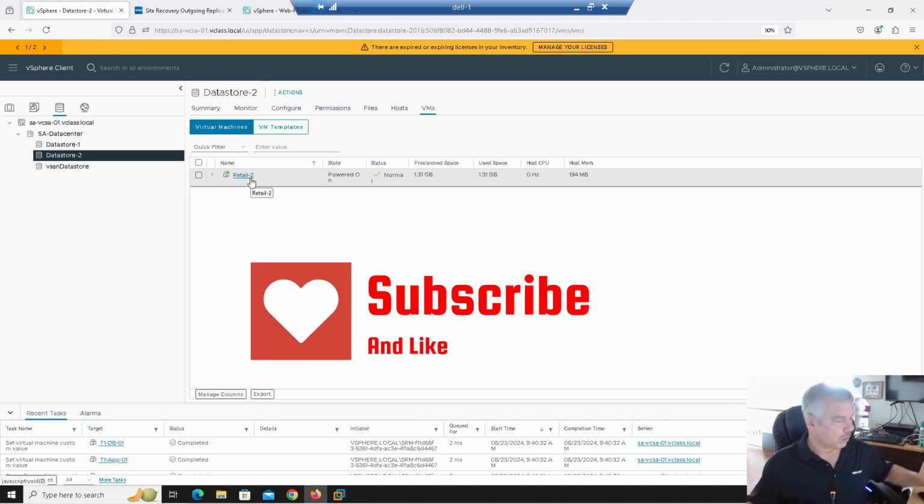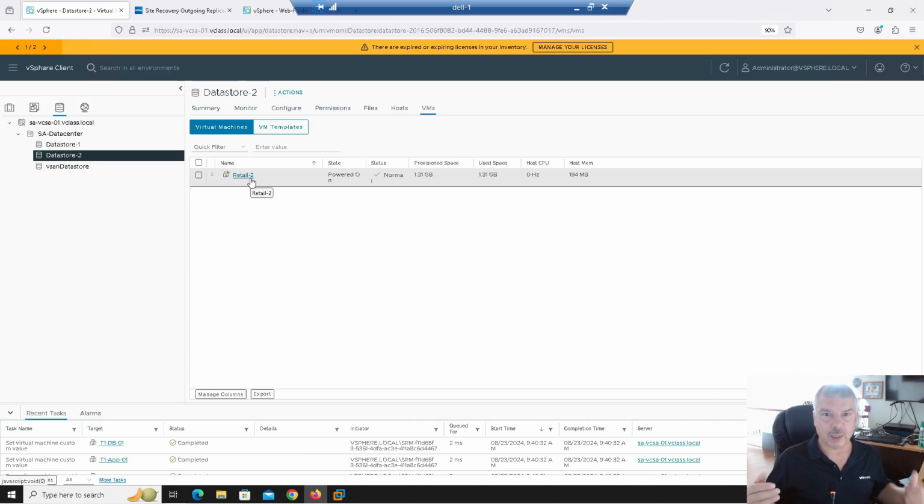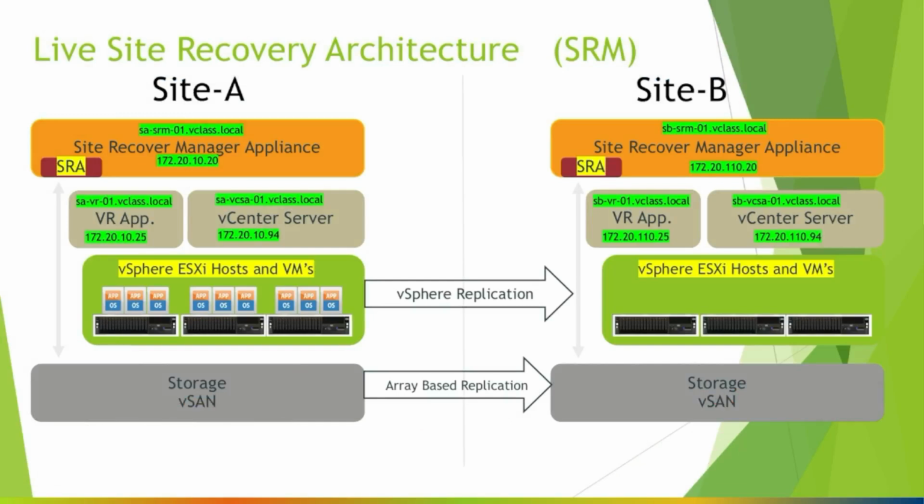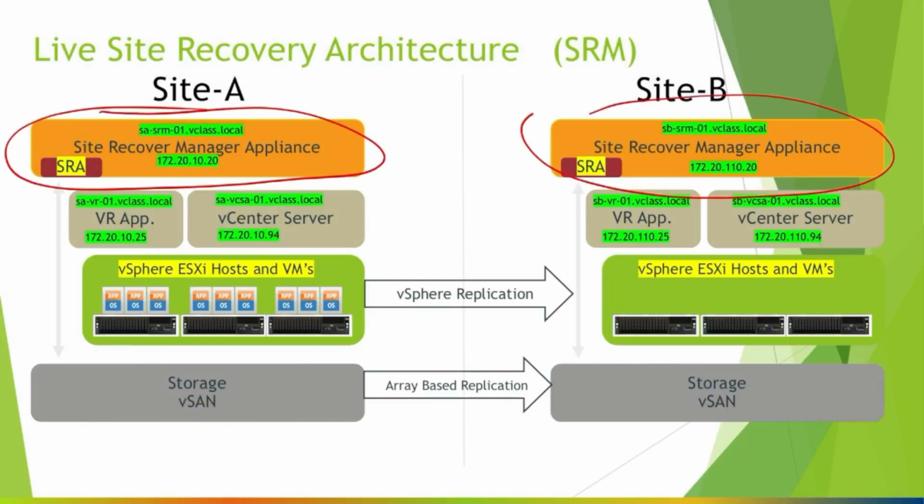Okay? So before I could just jump in and start creating protection groups, I have to install, let's go back to my iPad, I have to tell Site Recovery Manager, there's my appliance, I have to tell Site Recovery Manager about my storage. Remember, this is the Unity storage. I'm using vSAN and the Unity.